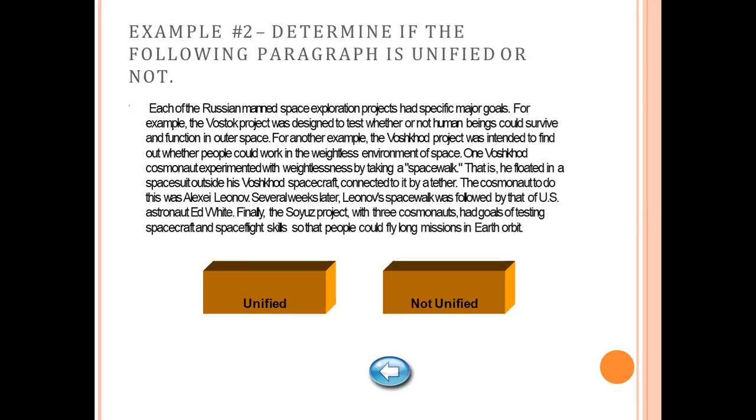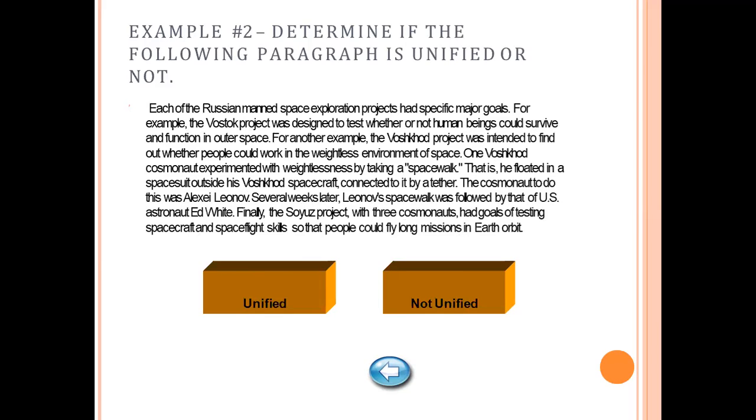For another example, the Voskhod project was intended to find out whether people could work in the weightless environment of space. One Voskhod cosmonaut experimented with weightlessness by taking a spacewalk. That is, he floated in a spacesuit outside his Voskhod spacecraft, connected to it by a tether. The cosmonaut to do this was Alexei Leonov.